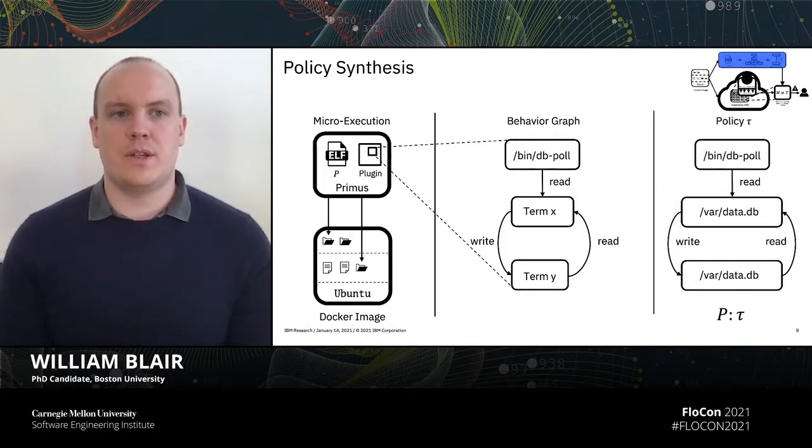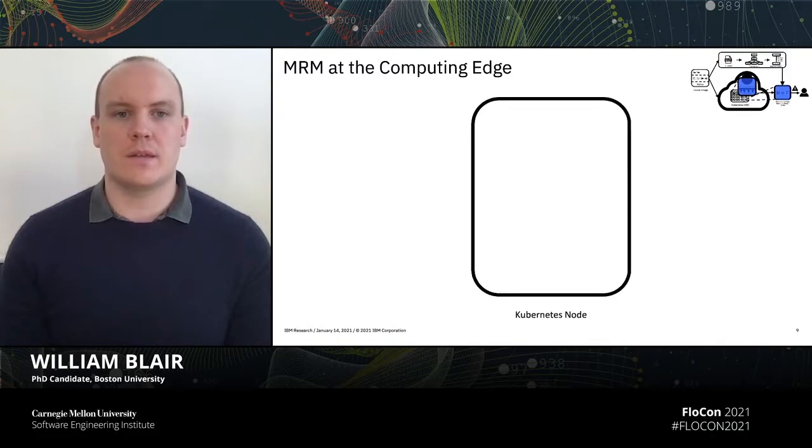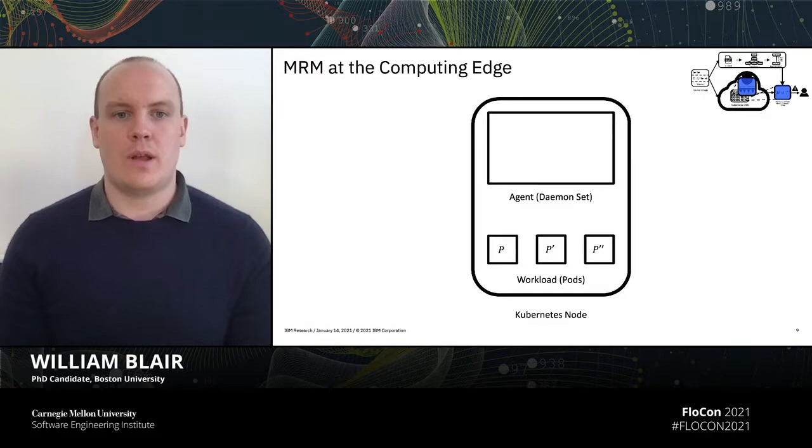So now with this ability to generate policies for an individual program, how can we deploy the MRM at the computing edge in practice? Well, we start off with a Kubernetes node, and we allow each individual workload to run in its own pod. Now, we store our MRM inside its own daemon set that has access to the system call telemetry produced by SysFlow, and the MRM has a corresponding policy for each individual workload given inside the node.